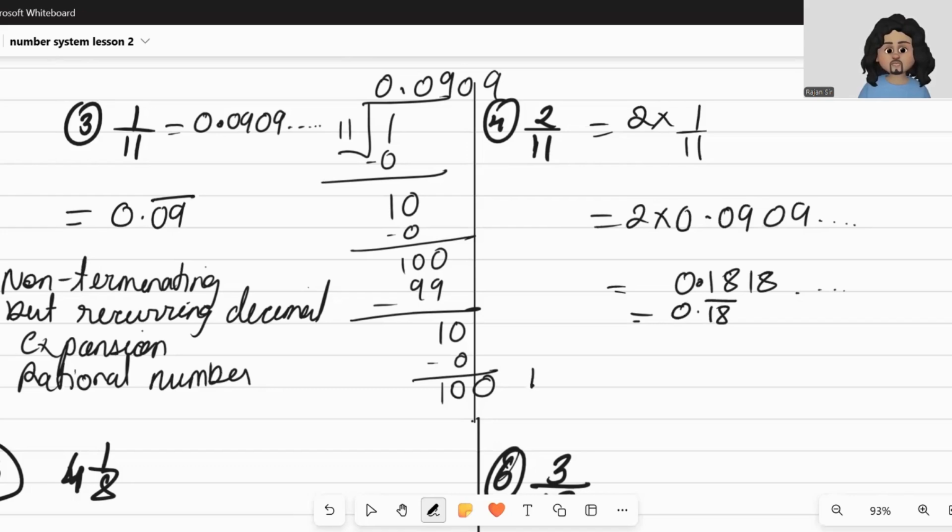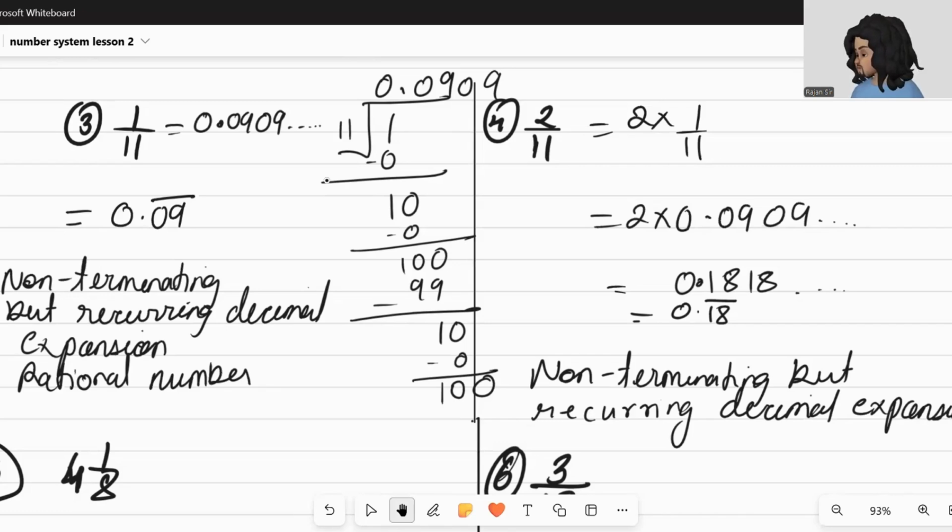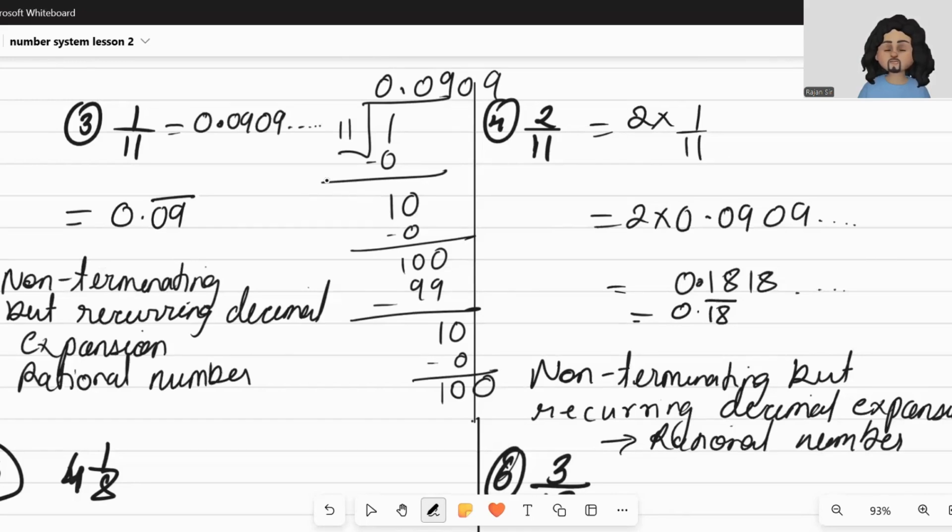Again, it is a non-terminating but recurring decimal expansion, and again it's a rational number. Let's go to the next one.